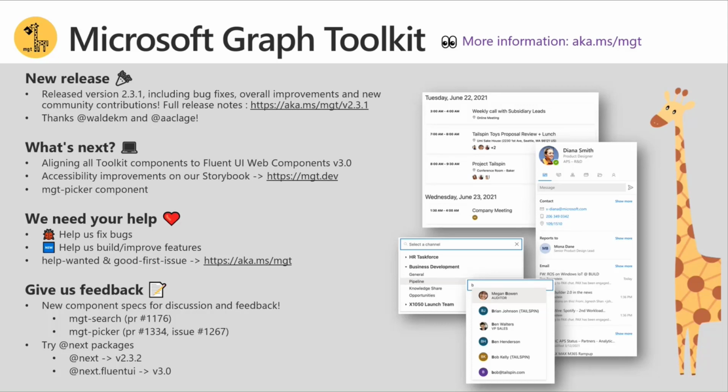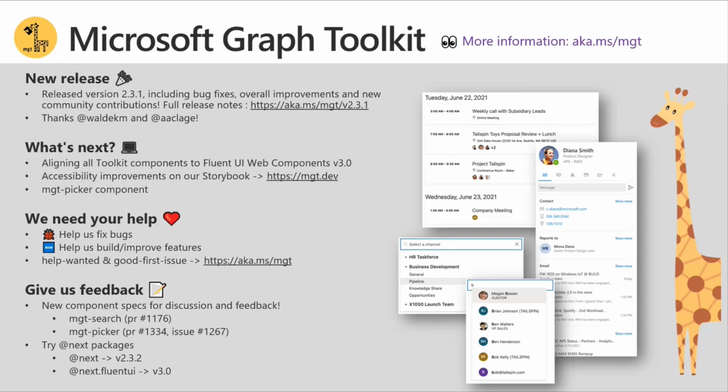You're going to have a great feeling right there. We're also working right now on an agnostic or generic MGT picker component where you will be able to bring your own APIs in there. So if you want to pick a list or pick an e-discovery case or pick anything, you're going to be able to do that with a generic picker.